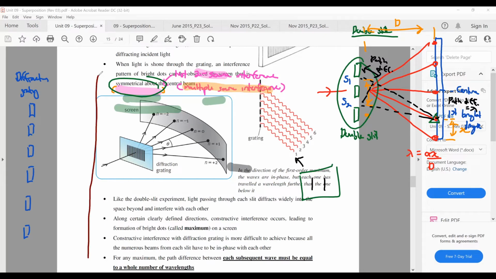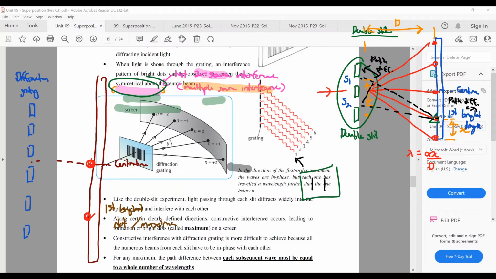Say this is my center line. I know that I have a bright spot here, from constructive interference, but some distance away, I also have another bright spot. Say this is my first bright dot, or maxima.